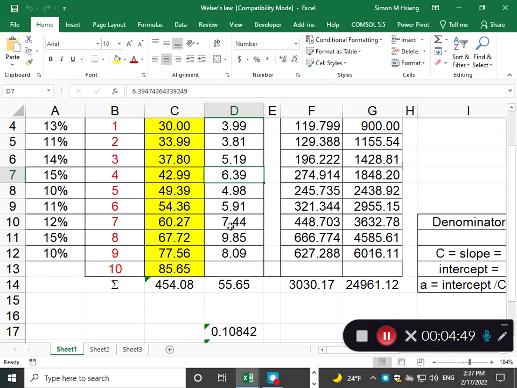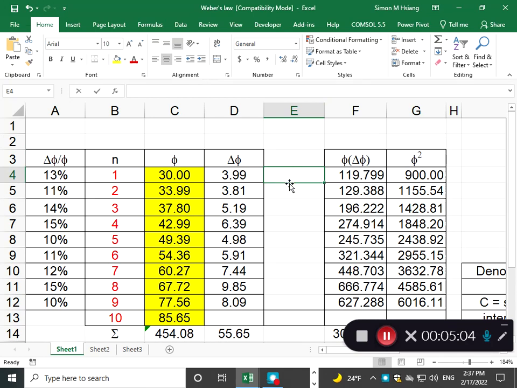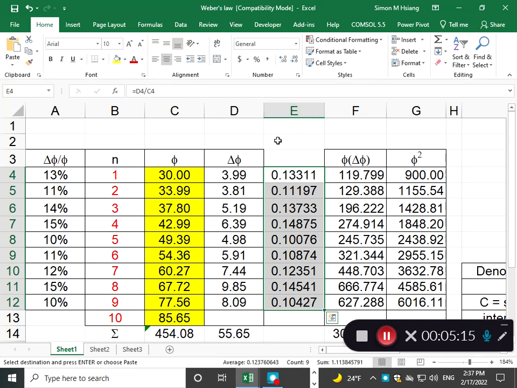And of course, Weber's law just says that, so on average, what's the difference between the two? So you just basically do this, right? Okay, I'll do it. Okay, so using the differences over the baseline and take the average.